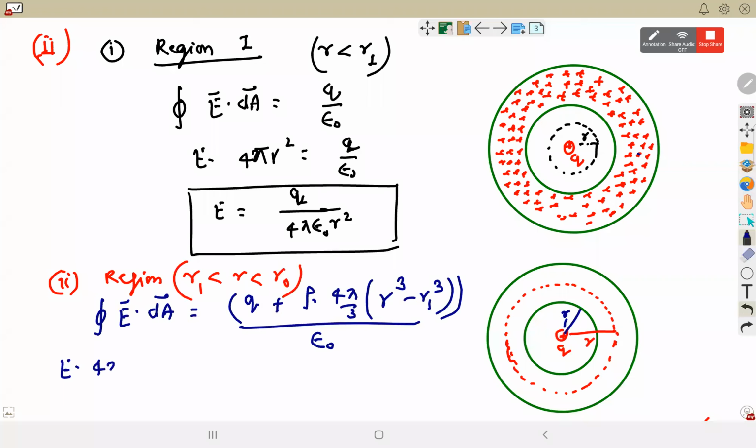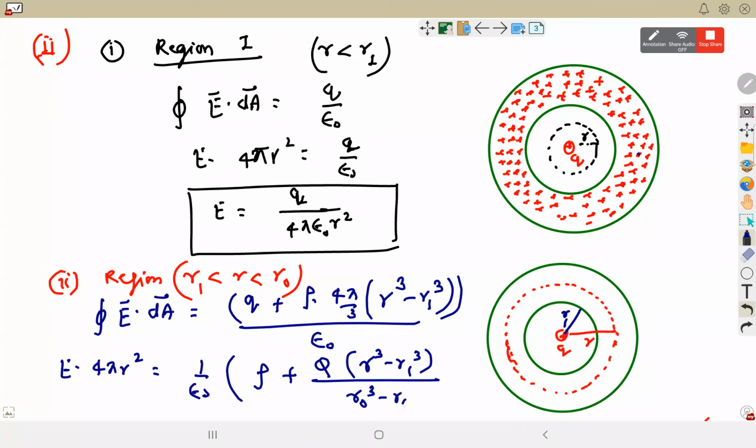E into 4 pi R square is 1 by epsilon naught times Q plus capital Q times (R cube minus R1 cube) divided by (R naught cube minus R1 cube). So E is equal to 1 by 4 pi epsilon naught R square.